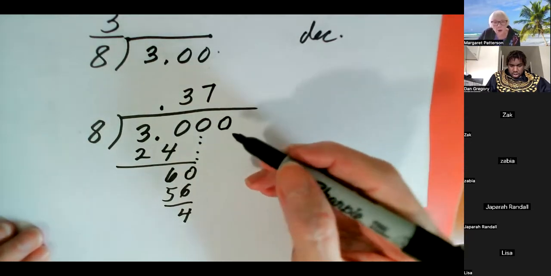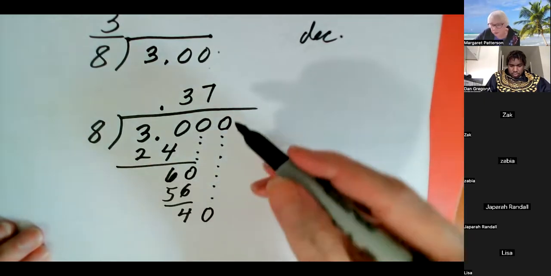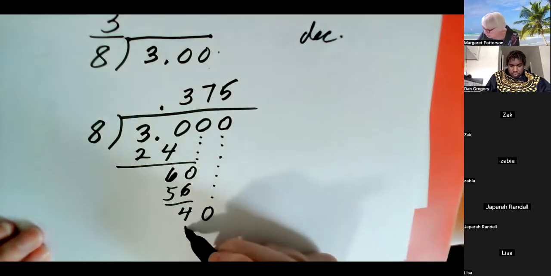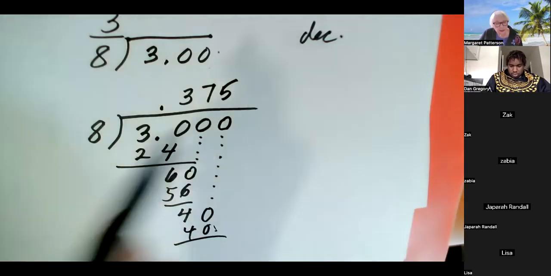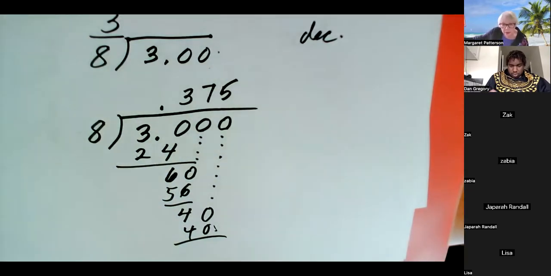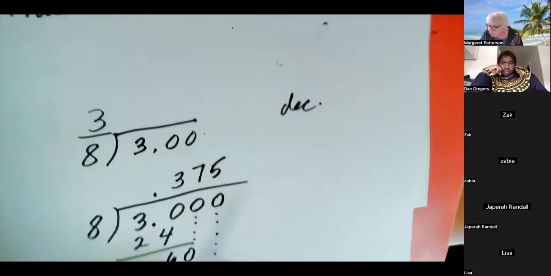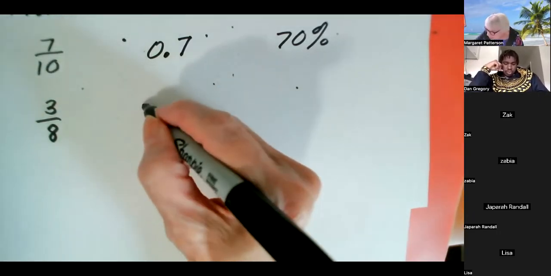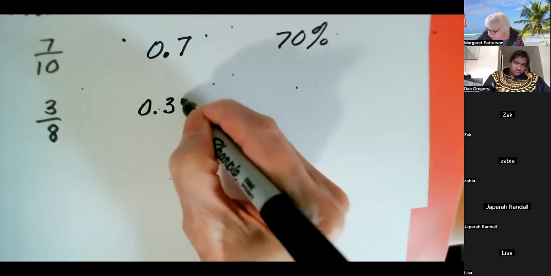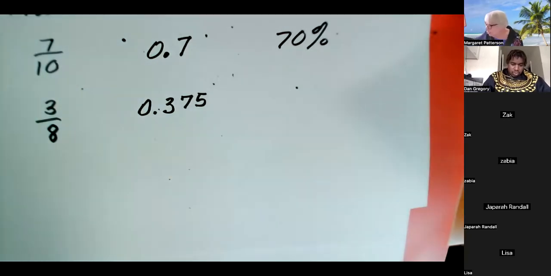One more zero would make this perfect. 8 into 40 is 5. So 0.375 is an exact answer. It's not one of those answers that goes on forever and ever. This is exact because the remainder is 0. So 3/8 is 0.375. The skill to get from here to here is something we already did.